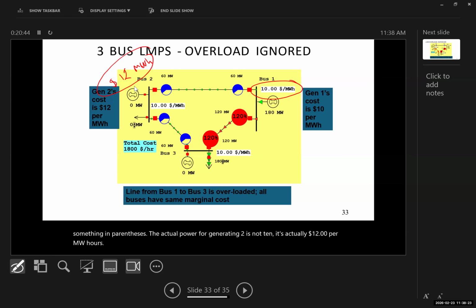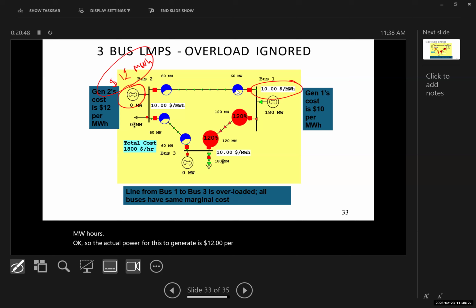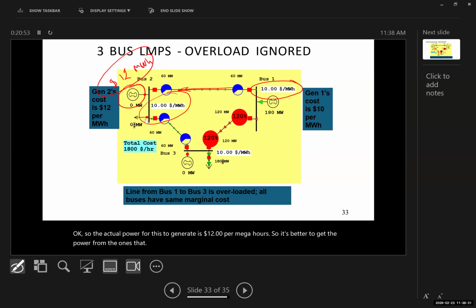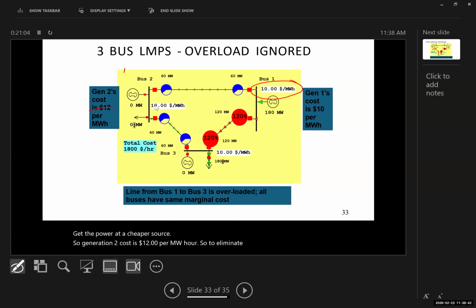Okay, so the actual cost for this to generate is $12 per megawatt hour. So it's better to get the power from the ones that provide power at a cheaper source. So generation 2 cost is $12 per megawatt hour. To eliminate the confusion, this is the power that we are giving to the consumer. So 12. Generation 1 cost is 10 per megawatt hour.